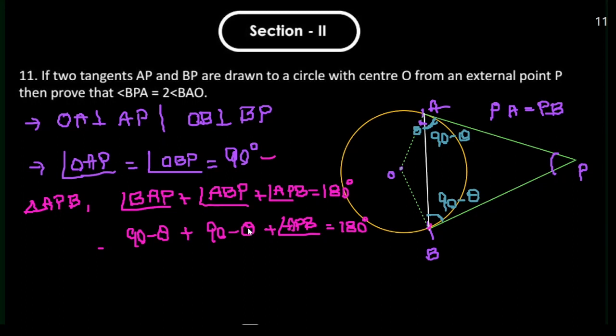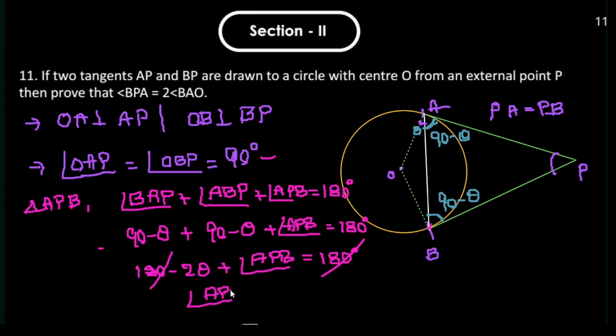Here 90 plus 90, 180 minus 2 theta plus angle APB is equal to 180, right? Here 180 and 180 get cancelled and we remain with APB is equal to 2 theta.